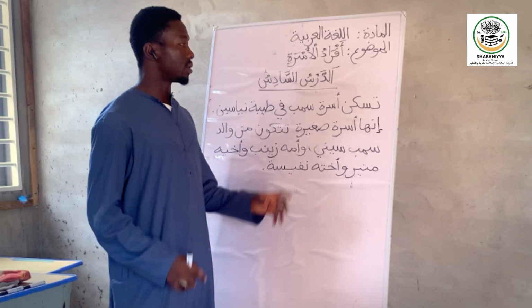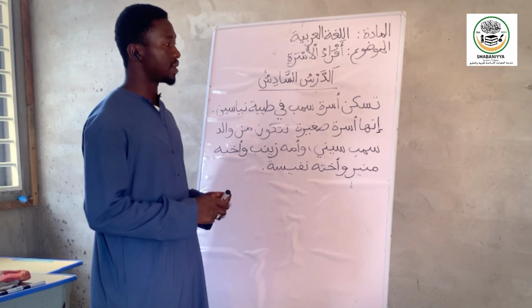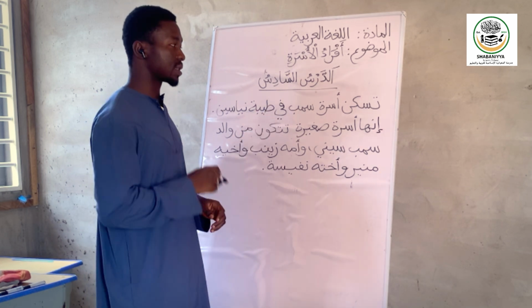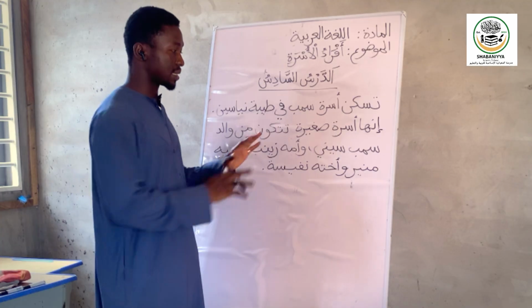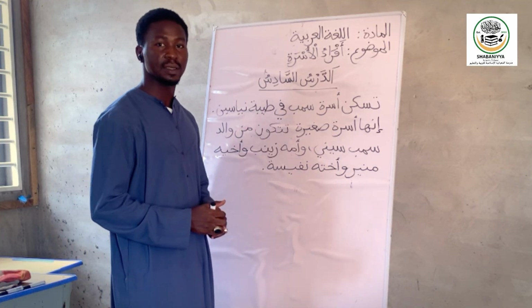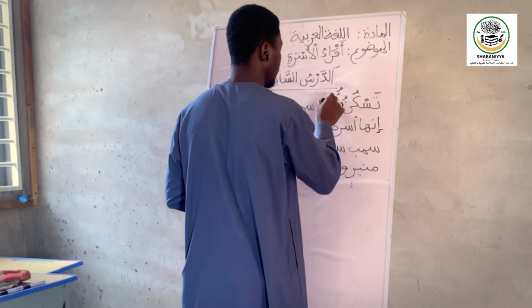Now, what we have is Tashkil al-Nas, meaning we are going to put in the marks. We are going to put in the Fatha, the Kasra, the Dhamma, and everything else necessary for us to be able to easily read the text. So we'll start here.